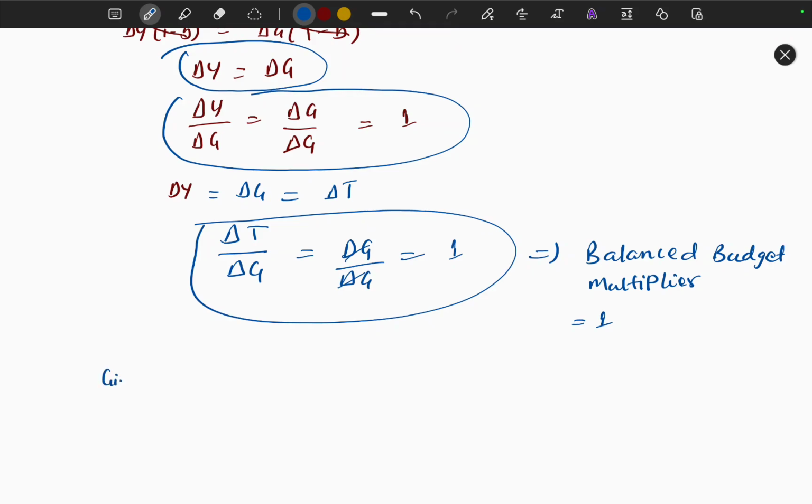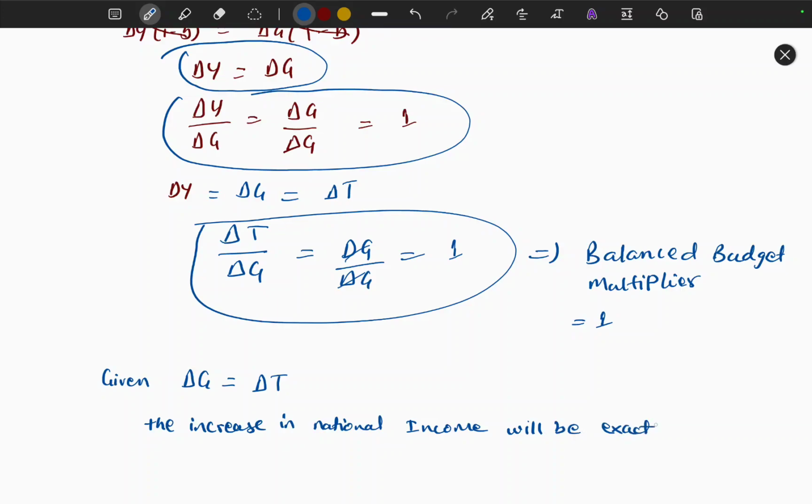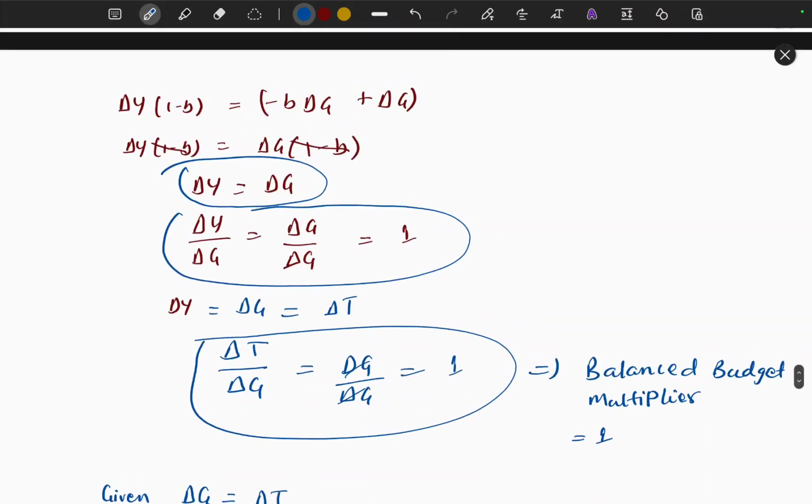So given that the changes in government expenditure are equal to changes in tax, the increase in national income will be exactly equal to 1, and we can see that from this step.